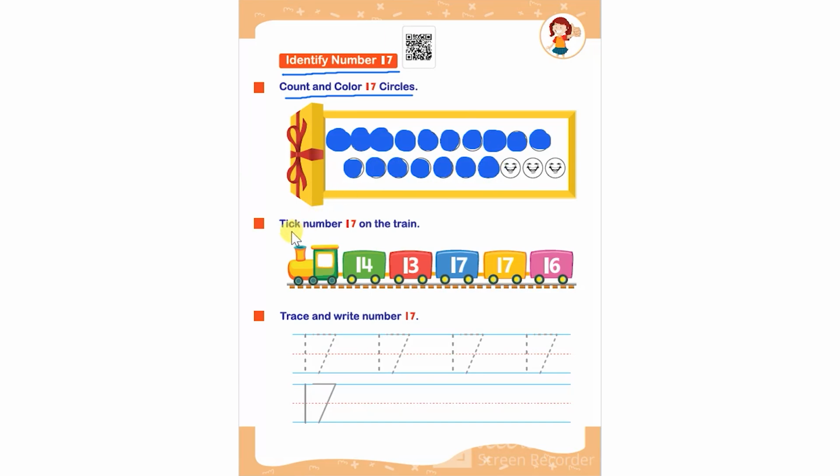After that, tick number 17 on the train. So they have to put a tick mark on number 17 over here and post that trace and write the number 17. So here the child has to first of all trace the number 17 in the first row, and in the second row they have to write the number 17 on their own and complete the worksheet.